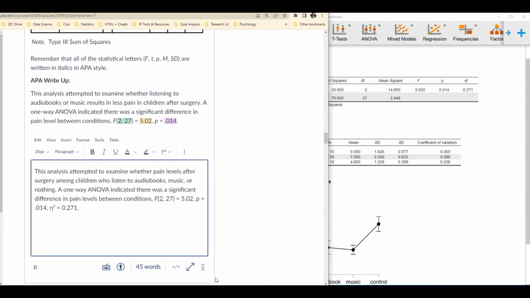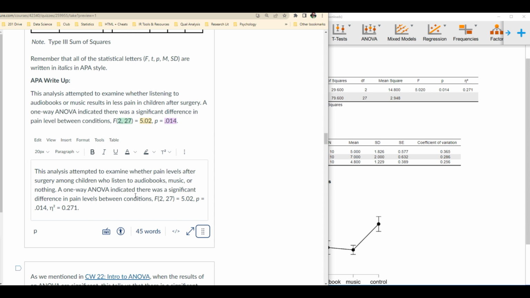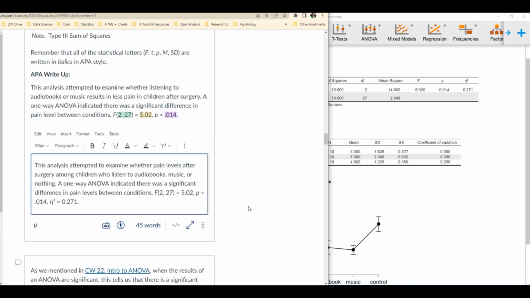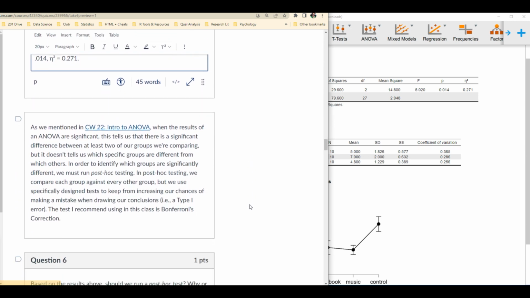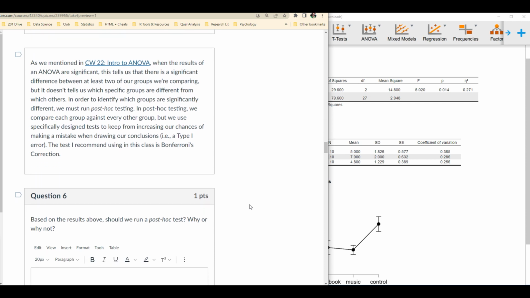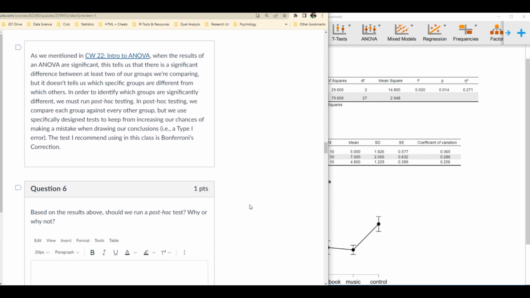Now, I say the first part because since we have a significant result and we have more than 2 conditions, this means we will have to follow up with a post-hoc test. As mentioned in the previous classwork, when results of an ANOVA are significant, this tells us there's a significant difference between at least 2 of our groups, but it doesn't tell us which groups are different from each other.